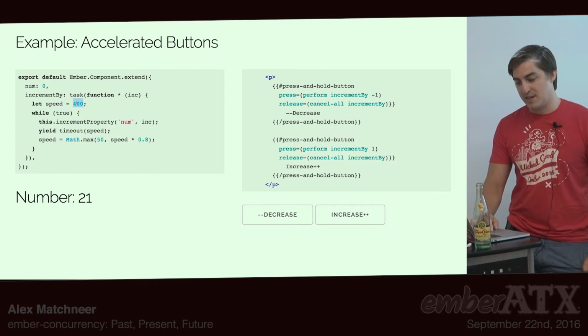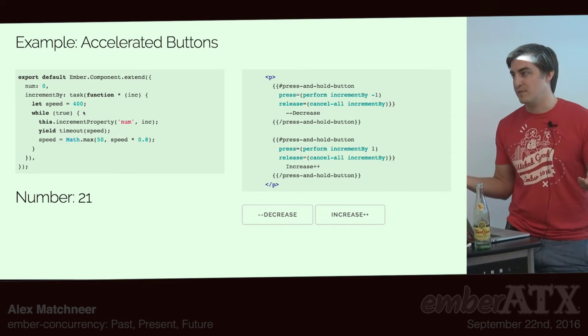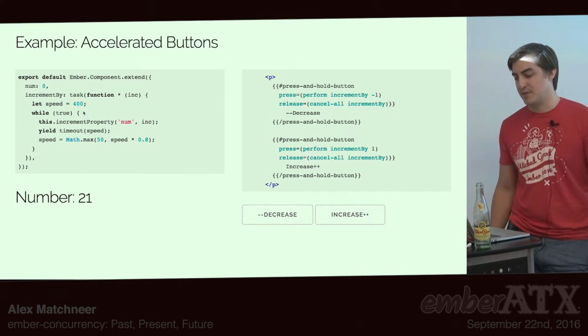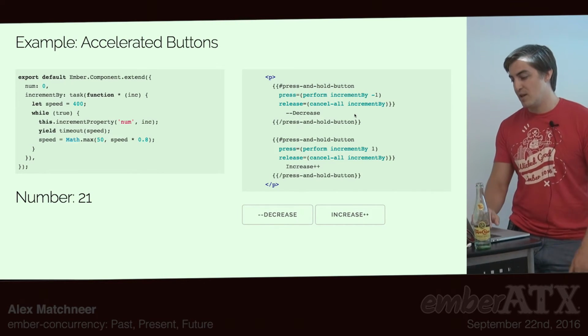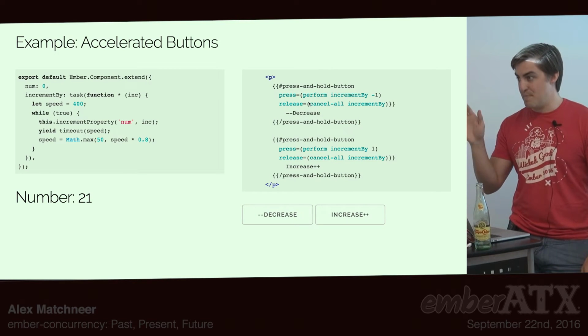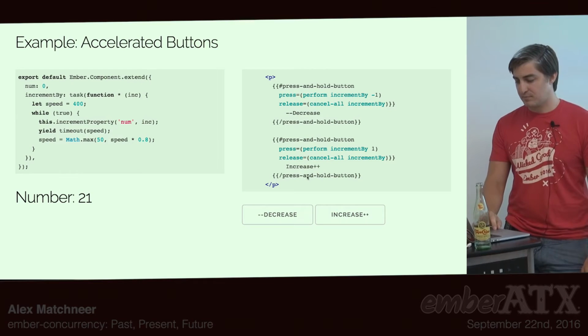Start off at 400 milliseconds, and then you have a while true, so literally loop forever. But why is it not an infinite loop? It's not an infinite loop because it's going to get canceled at some point. The thing that cancels it is this press and hold button component, which I don't have the code for here, but when the mouse is released, it's going to cancel the same task.